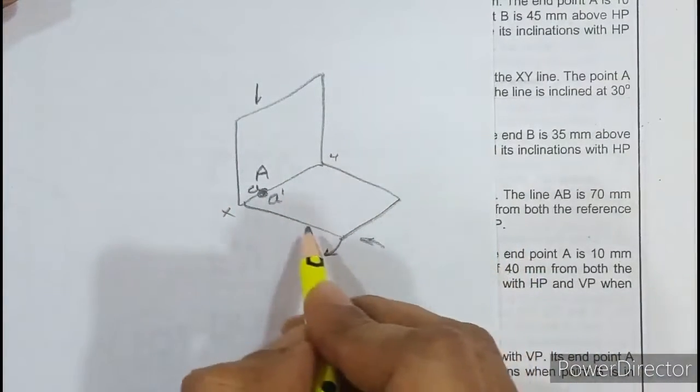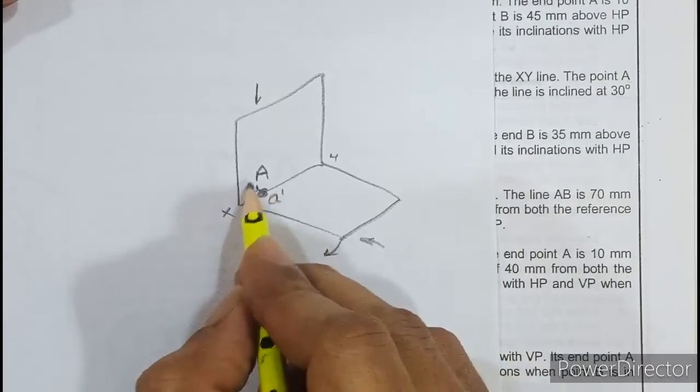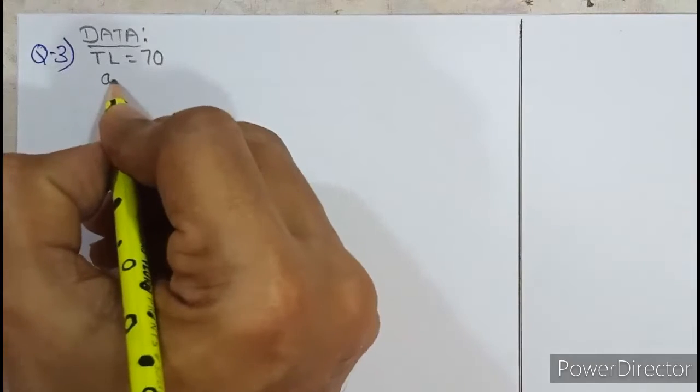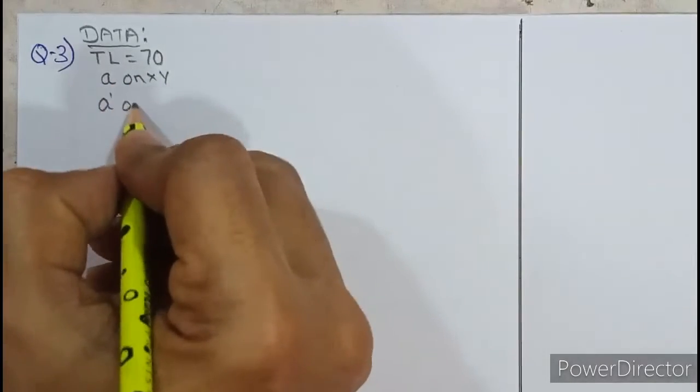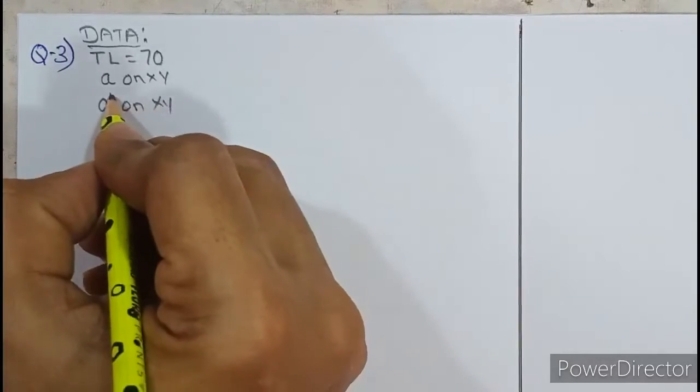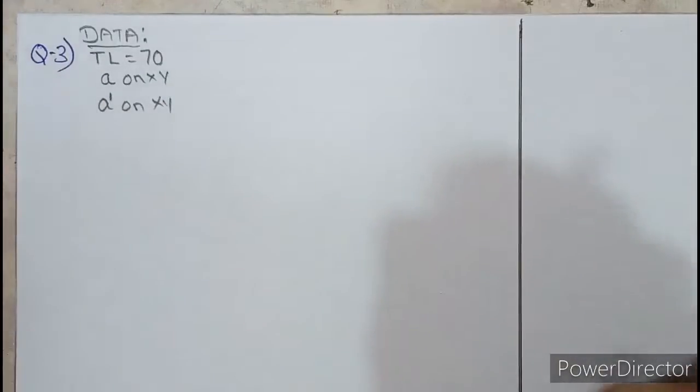So when you rotate this down, A and A dash will have no effect. It will still remain on XY. So we can write small a on XY and even A dash is on XY. That is the meaning of front view and top view lying on both the reference planes.